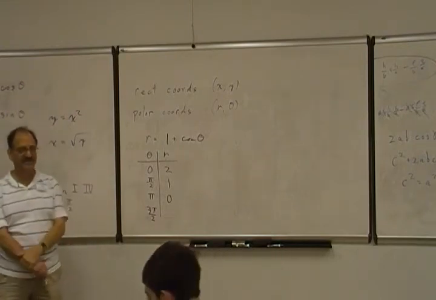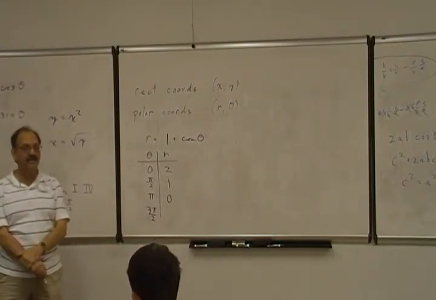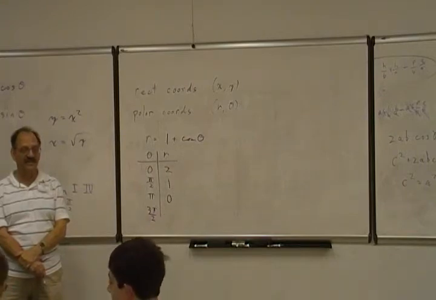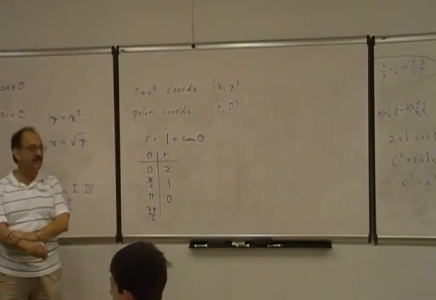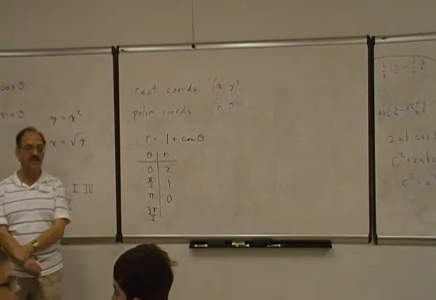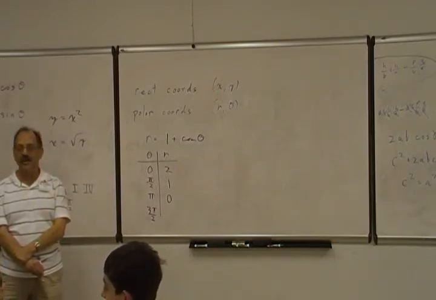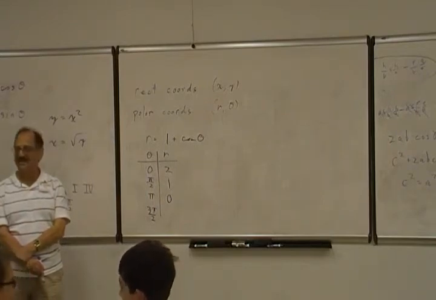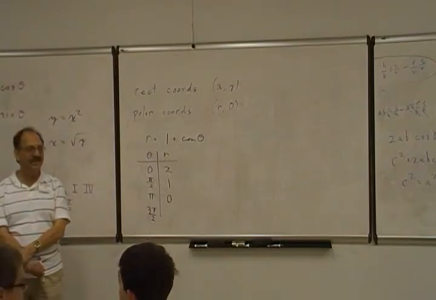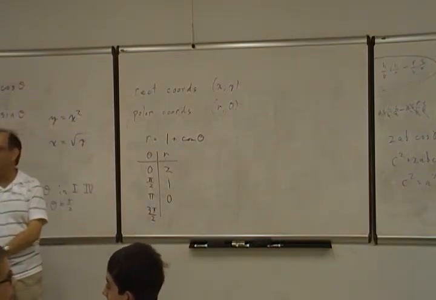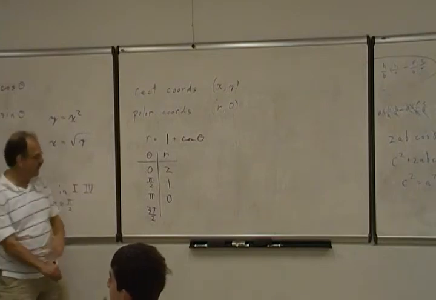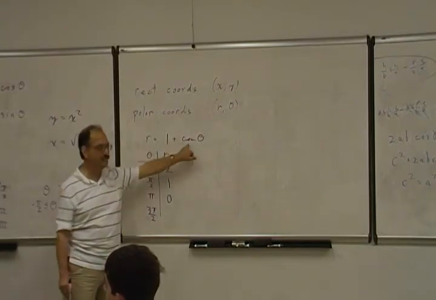Cosines can't be outside of negative 1 to 1. How many vote for 0? How many vote for 1? How many vote for negative 1? I don't see enough hands. No, pi was negative 1.